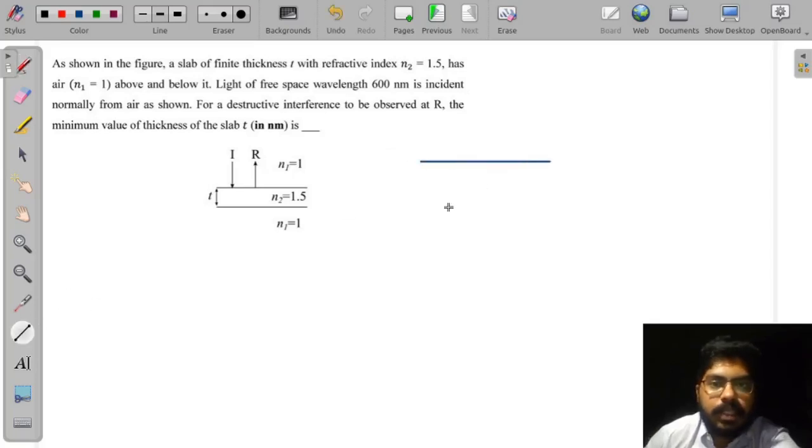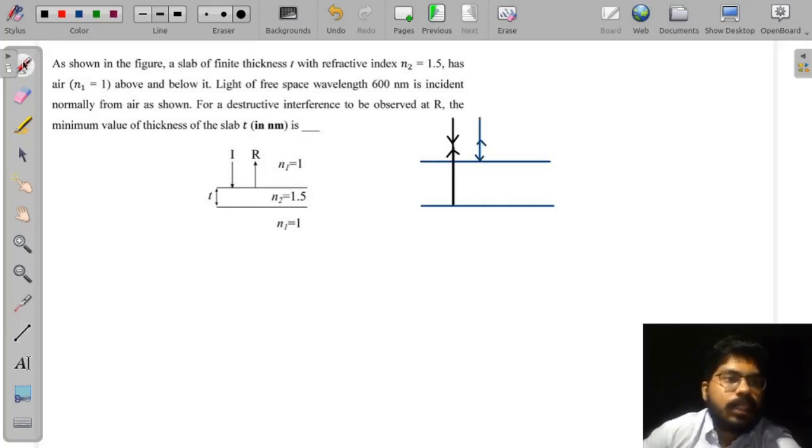If we just draw the diagram, one ray of light, let me assume it comes like this and then gets reflected back again in the same path. And another ray of light, let me assume it gets reflected from this surface.